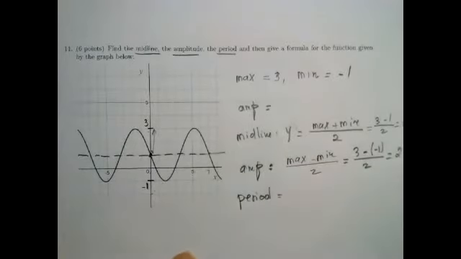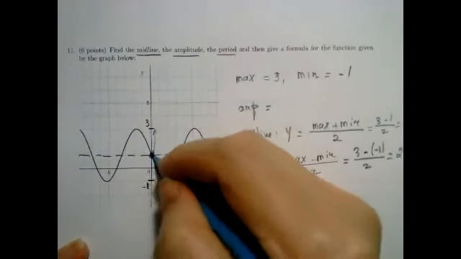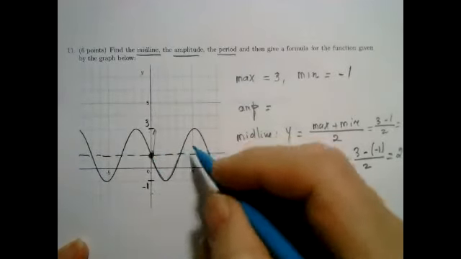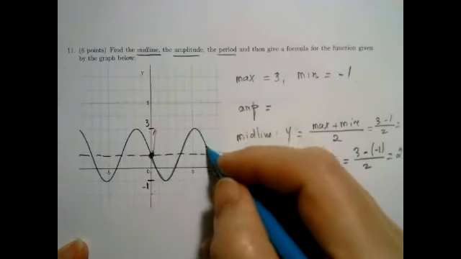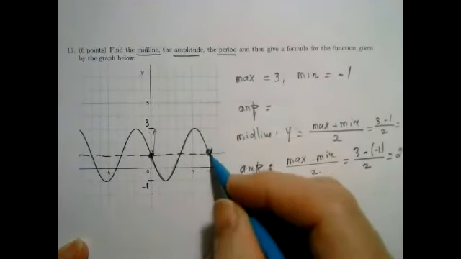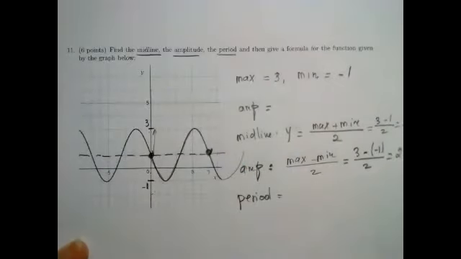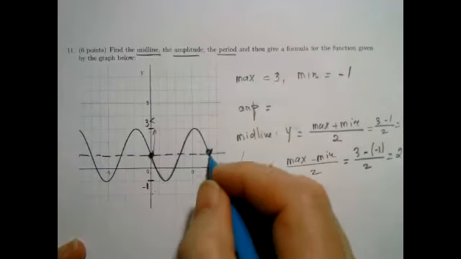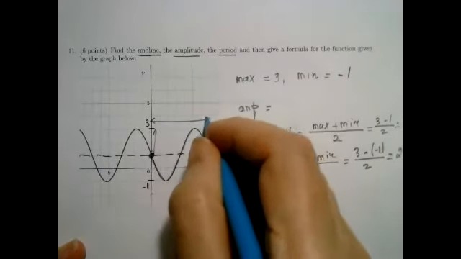It's how long it takes to finish a cycle. So I start with the graph. Starting at 0, we're going down, we're going up. The cycle is not done. We're going up, we're going down, and then it starts again. So the period is from here all the way to here.